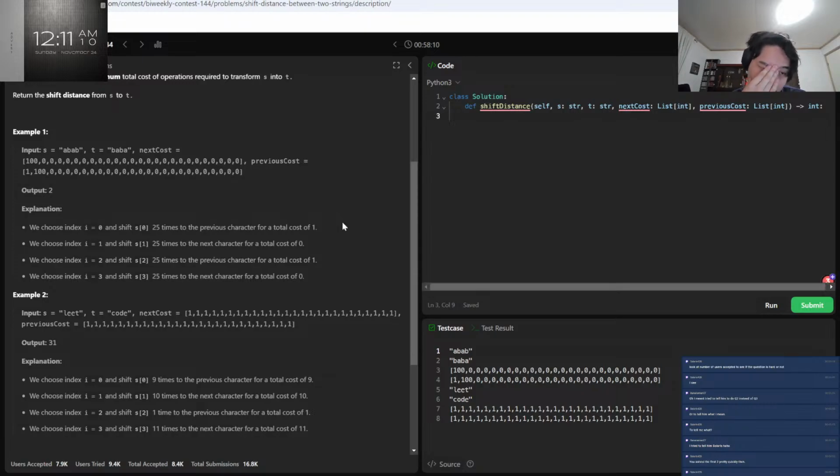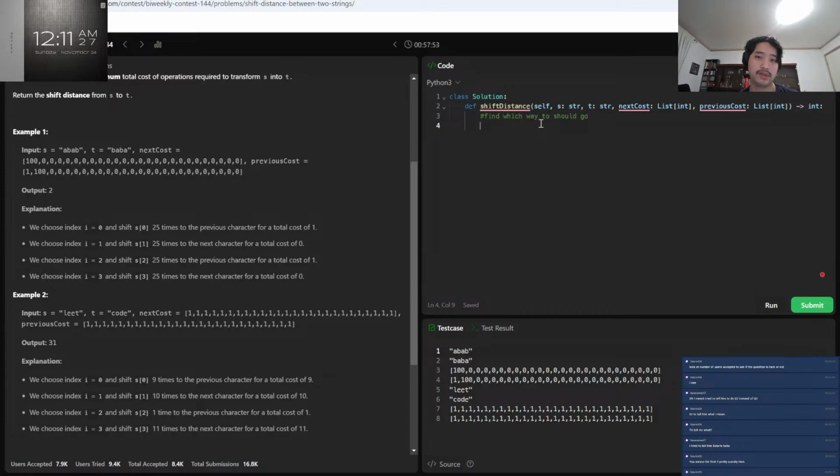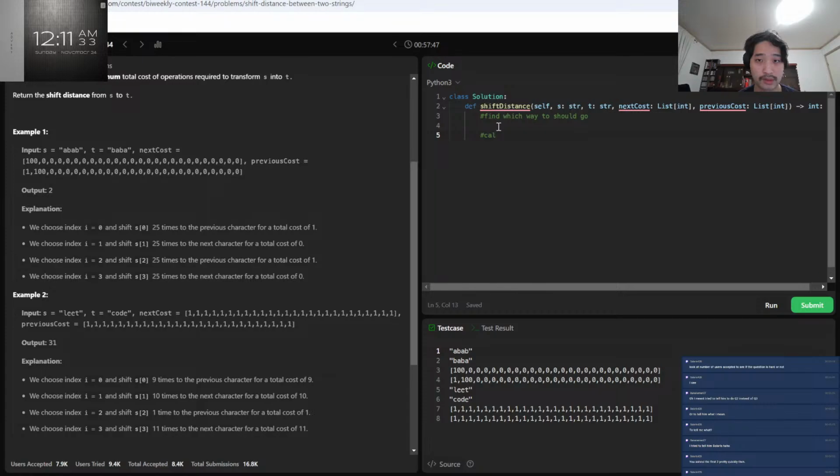That wouldn't help. What am I missing? So this is essentially find a way, which way to go, and then the calculation.